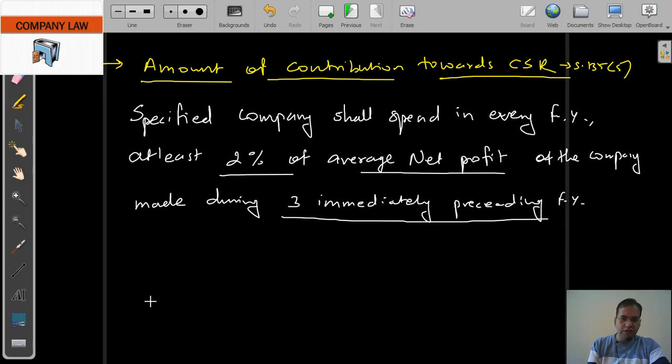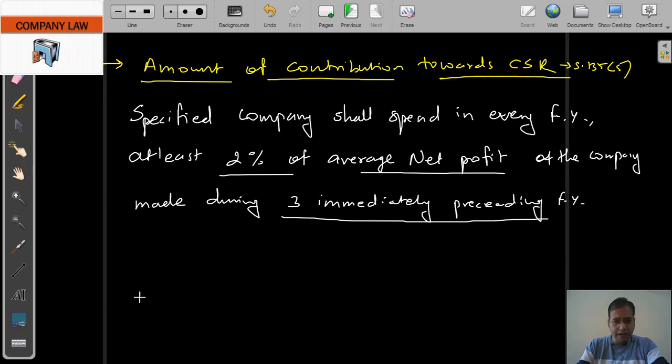Okay, so this is the calculation which a company will have to do. Let's assume that my 3 year average net profit is 10 lakh, then my company will have to incur 2% of it. Whatever 2% comes to, the company will have to ensure that it incurs it.